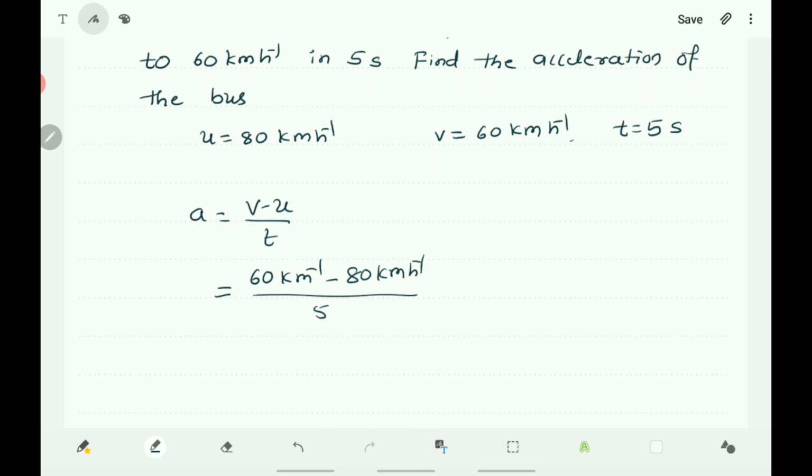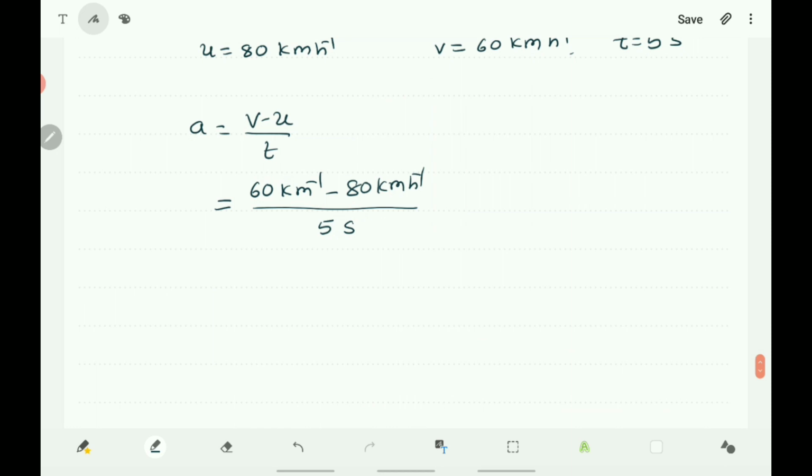Within 5 seconds. Now 60 minus 80 is minus 20 km h to the power of minus 1 by 5 seconds.